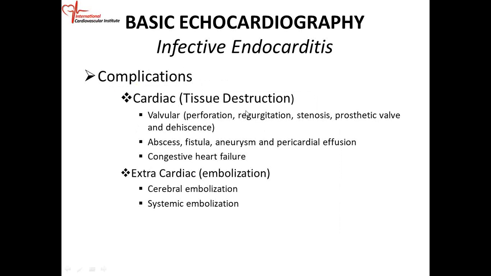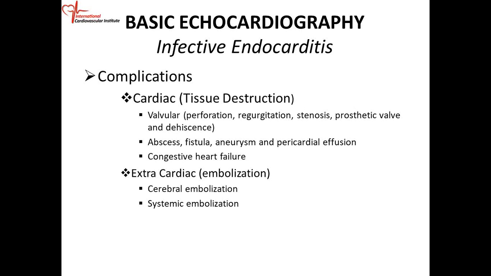And because the infected material is on the valve, you have improper closure. So you get regurgitation, sometimes stenosis, mainly regurgitation, prosthetic valve dysfunction and dehiscence, because if this infected material resides on the prosthetic valve, then it can prevent proper functioning of the prosthetic valve.